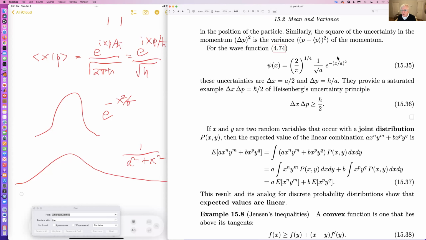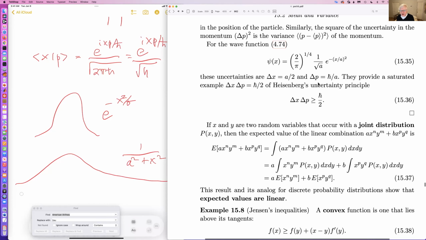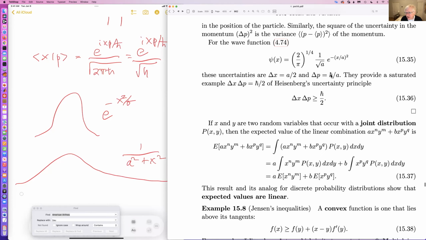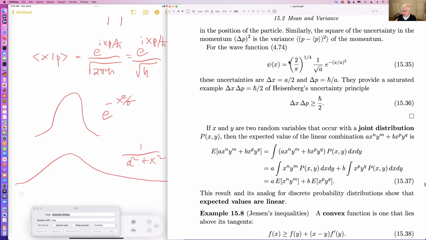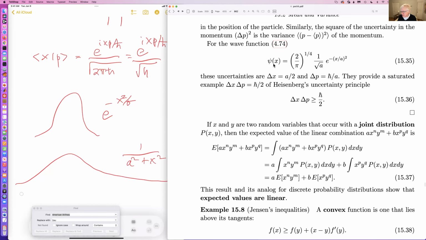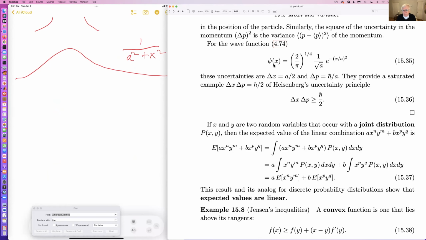Okay. So suppose we have a Gaussian wave function, looks like this. Note it's normalized. That's why we have this factor here and this factor there. The uncertainties are delta x is a over 2, delta p is h bar over a. Now, when I say delta p is h bar over a, that's because I know that if you take the Fourier transform, if you look at the average value of momentum, that's what you get.